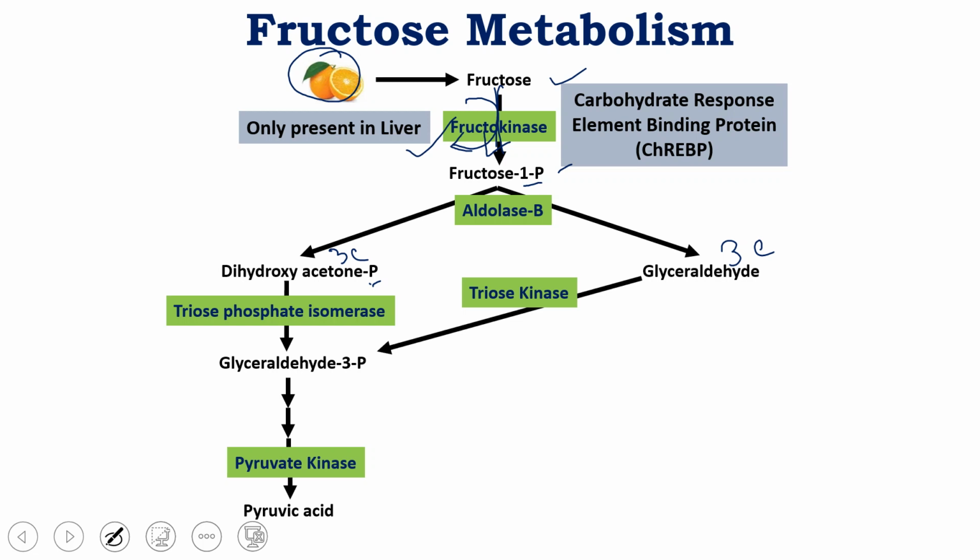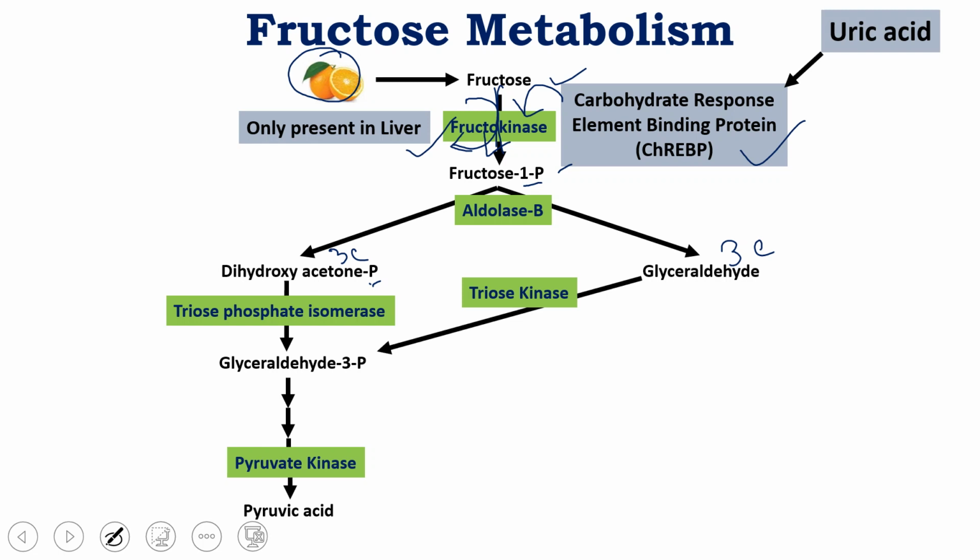That is the transcription factor which helps in the expression of fructokinase. Some research papers also show that this transcription factor is under the control of uric acid. Means uric acid regulates ChREBP and ChREBP regulates fructokinase.